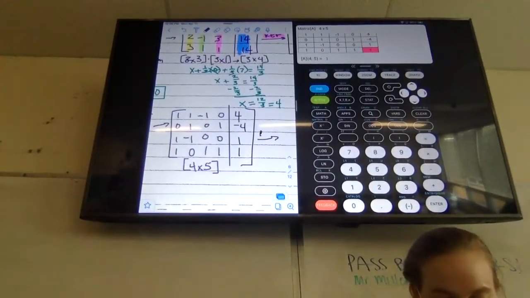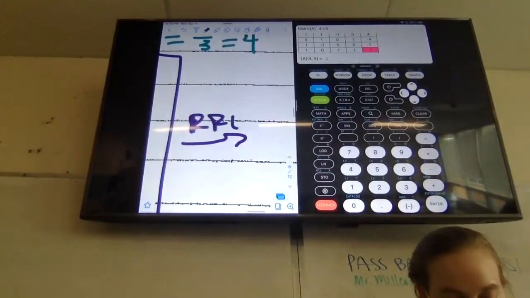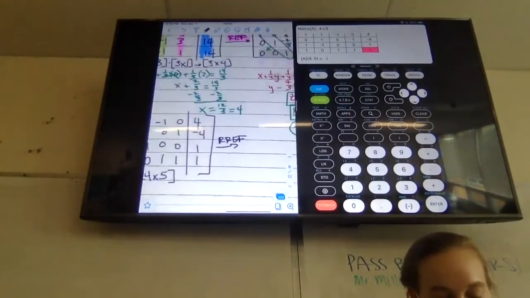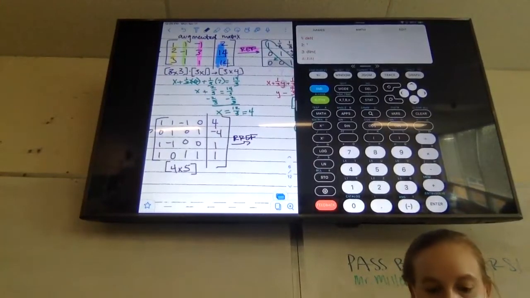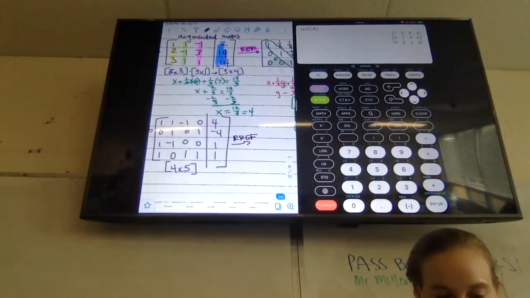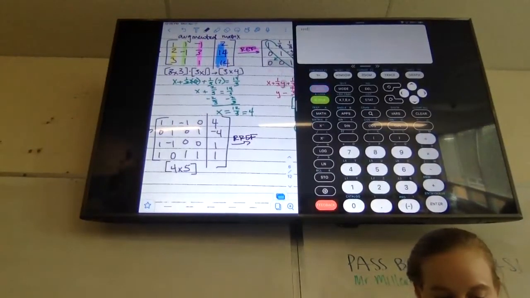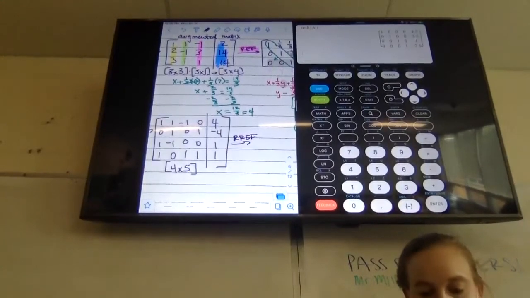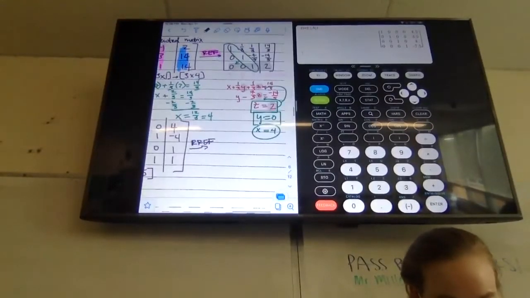Once you make sure that your matrix is right, we're going to hit RREF, reduced row echelon form this time. So it should be all the way reduced for us. Oh, shoot. All right, this is what I get. Double check yours, see if you got the same thing.